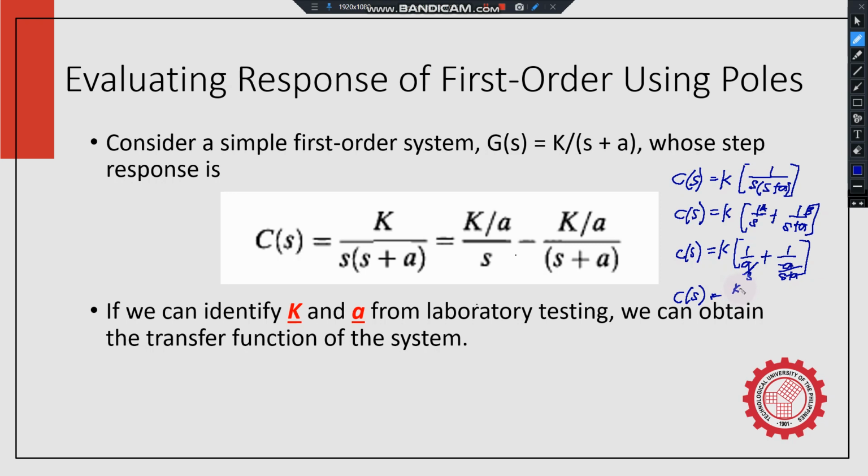So therefore our C of S would be equal to K over A over S, minus K over A over S plus A. So eto na nga yun, ano, yung ating output transform.